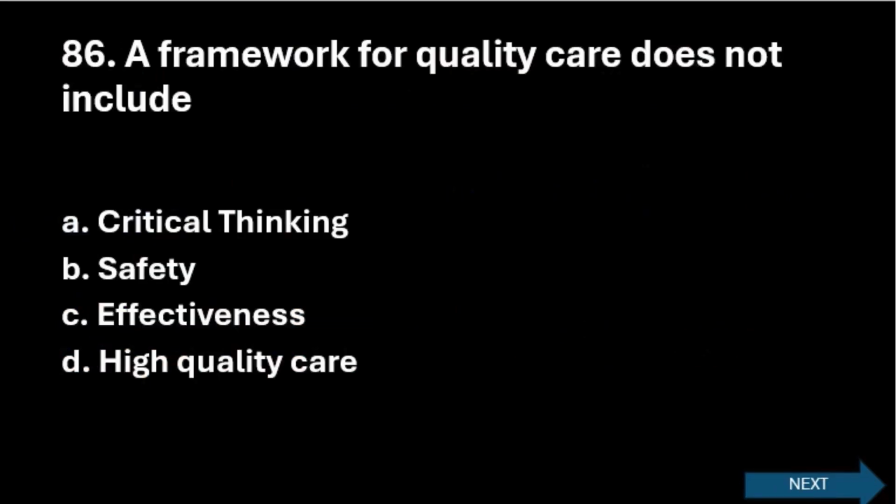Next question. A framework for quality care does not include option A, critical thinking, option B, safety, option C, effectiveness, and option D, high quality care. The right answer here is option A, critical thinking.